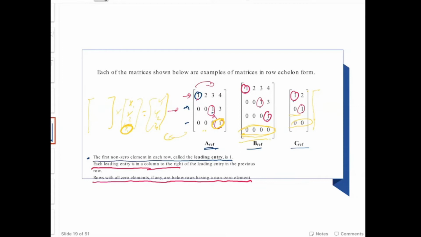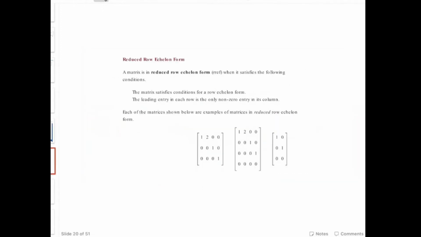So in solving simultaneous linear equations, this technique is very handy. So let's now take an example.